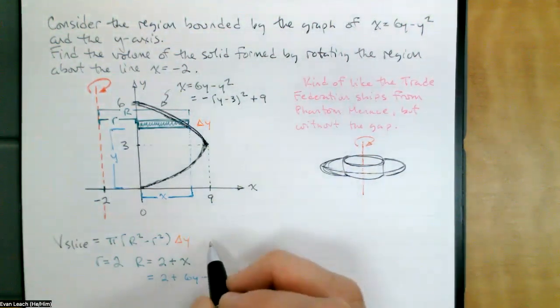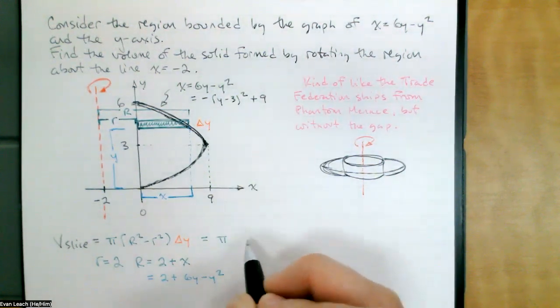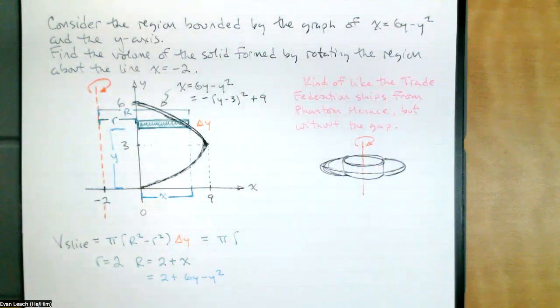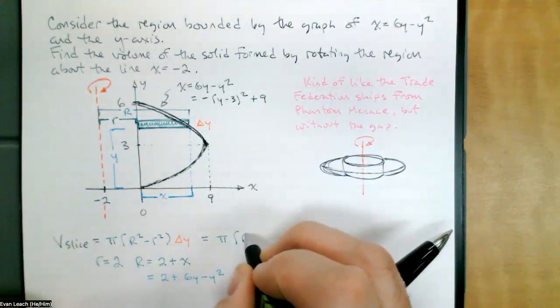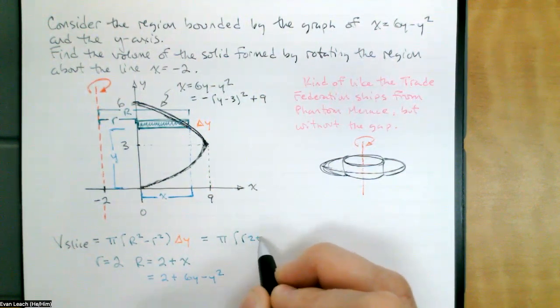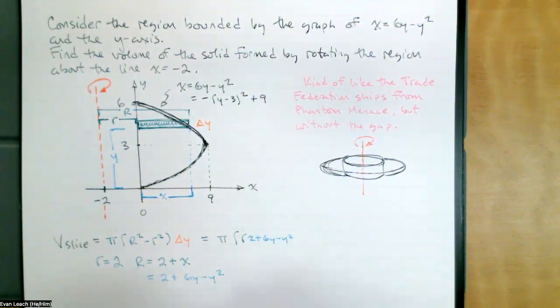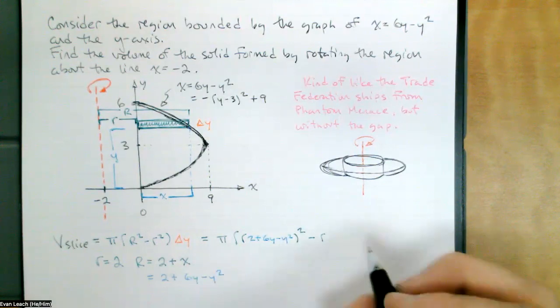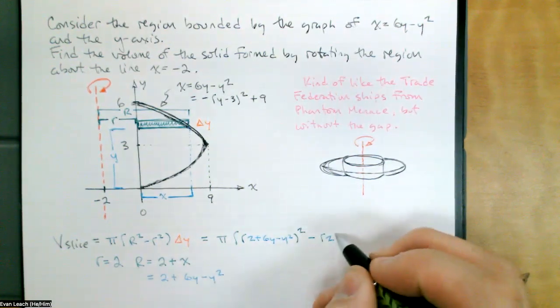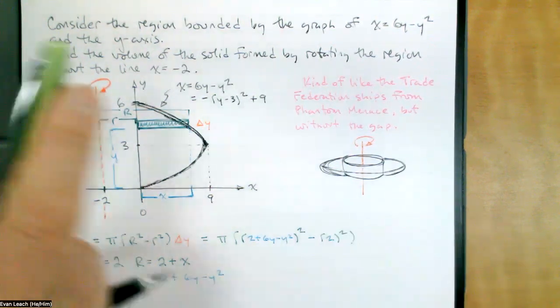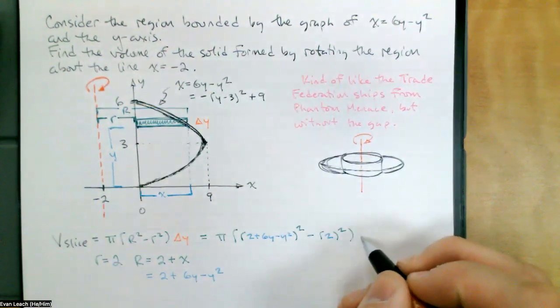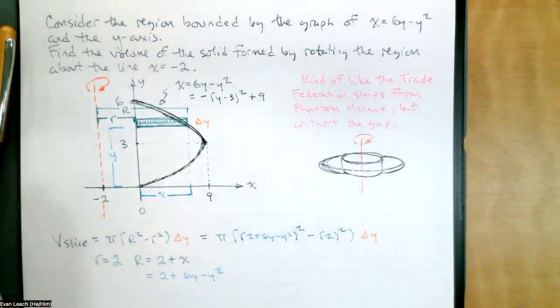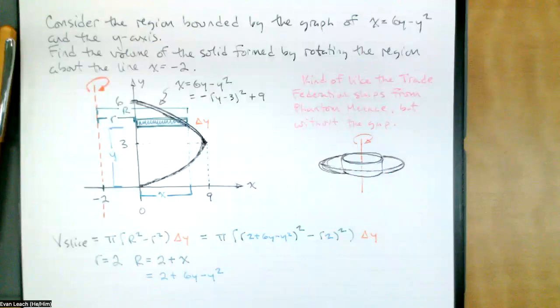So now we can refine the volume of the slice to be pi times big R squared minus little r squared times our delta variable. Just following steps.